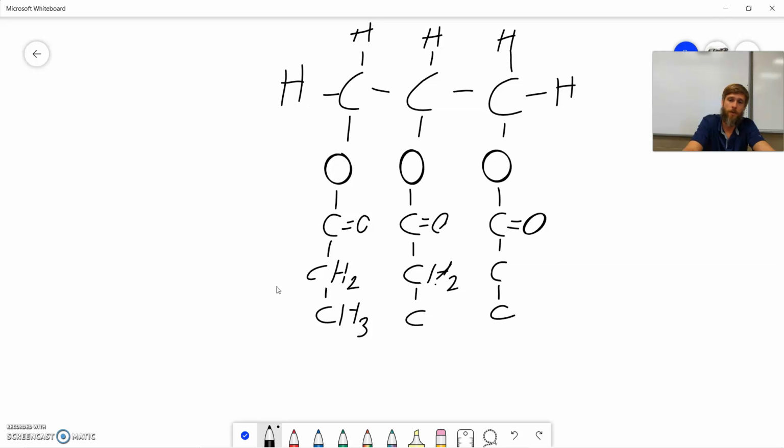CH2, CH3, CH2, CH3. Trying my best here with the handwriting, but it's not the easiest thing to do on this laptop. So there you go. So there is a triglyceride, 3 fatty acid chains, and these chains could be longer. And then here is your glycerol head.